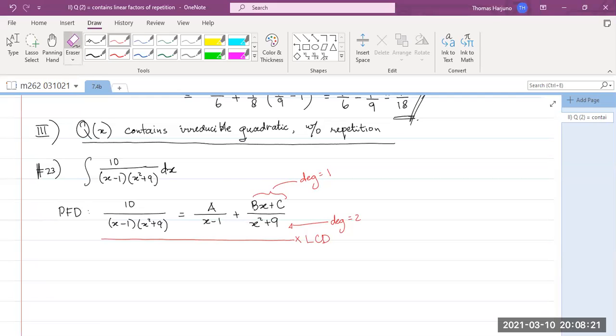The left-hand side becomes 10. The right-hand side is a times x squared plus 9, plus bx plus c, times x minus 1.